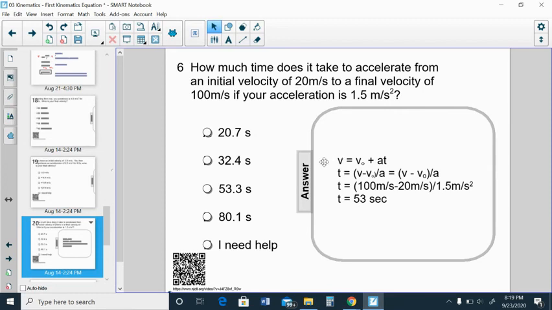Your next step is to rearrange that equation before you start plugging in numbers. Once we do that, we end up with time equals the change in velocity, velocity final minus initial velocity, divided by acceleration. Once you plug in the numbers, you'll end up with 53 seconds.